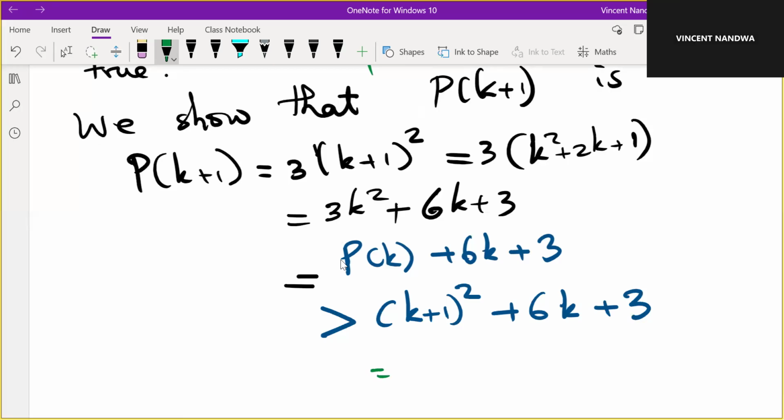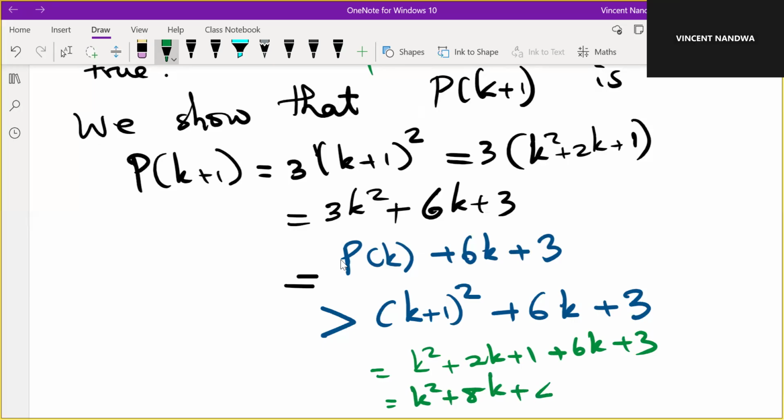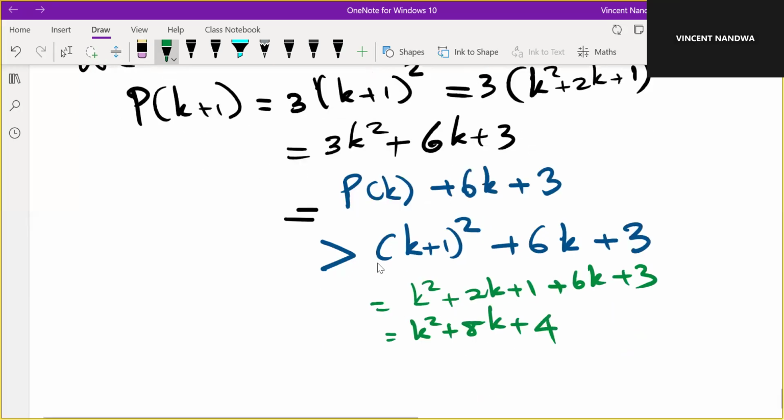This is k squared plus 2k plus 1, then plus 6k plus 3. When you collect like terms, we'll have k squared plus 8k plus 4, okay?